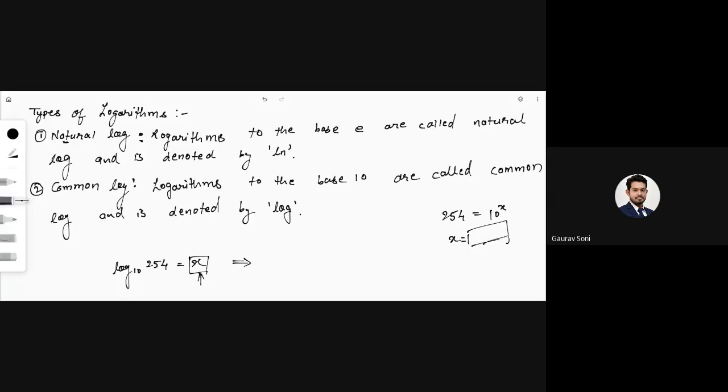Can you identify two numbers between which this value of x will lie? Tell me, can a power of 10 become 254?